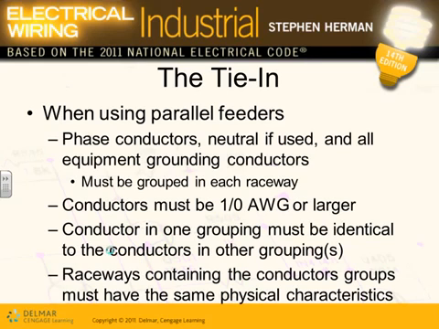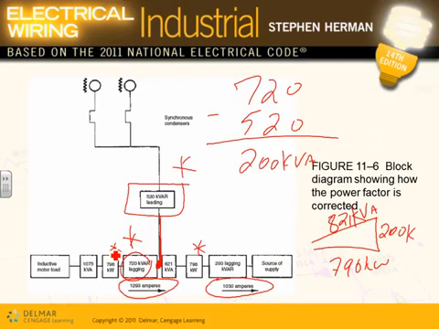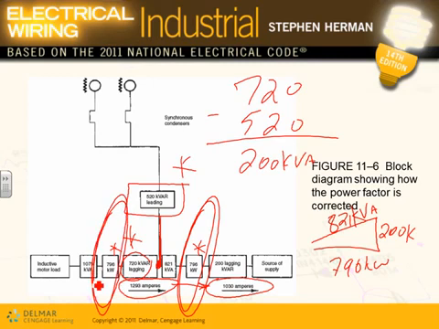Okay, so that's basically the concept I want to talk about, guys: the concept of power factor. When you correct the power factor, you always get rid of the VARs, the kVARs. Look what happened to the amps, guys. The kW always stays the same.